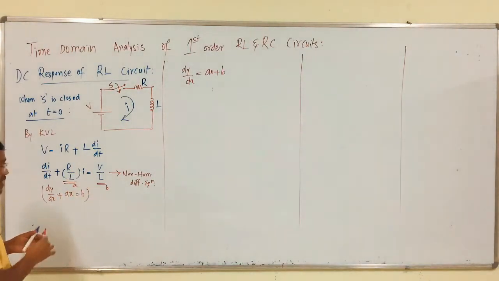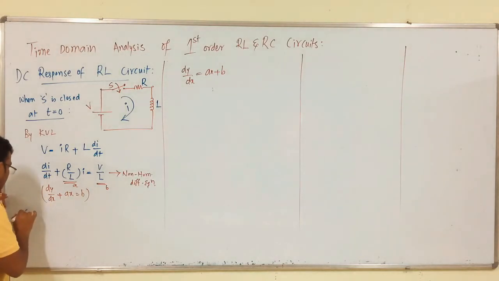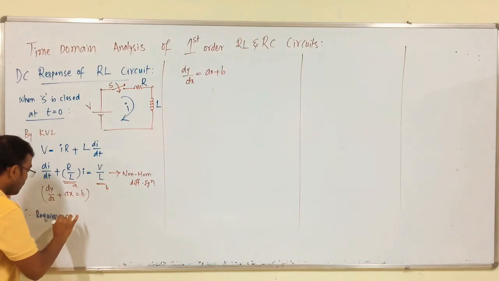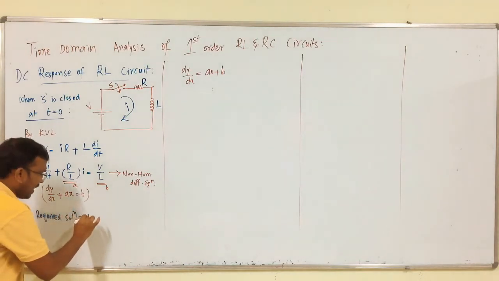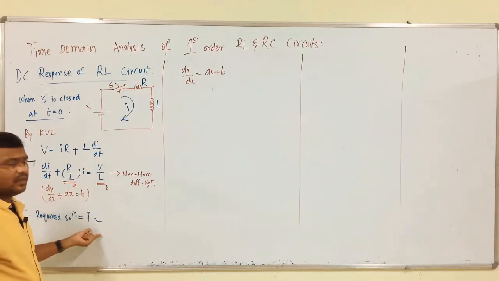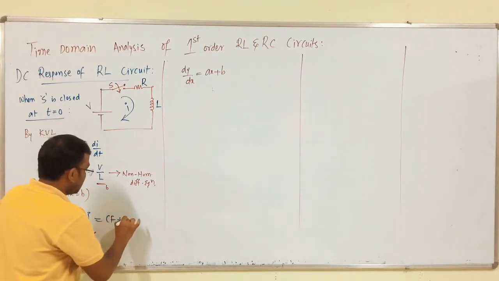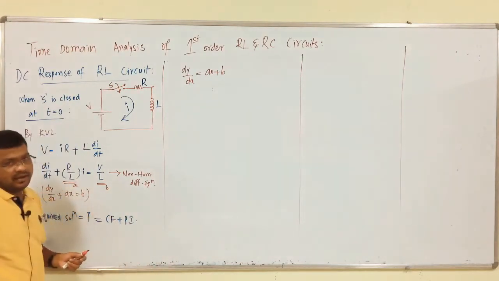Therefore, the required solution, which is nothing but current, we have to calculate the current. The required solution is current, which is nothing but complementary function plus particular integral.